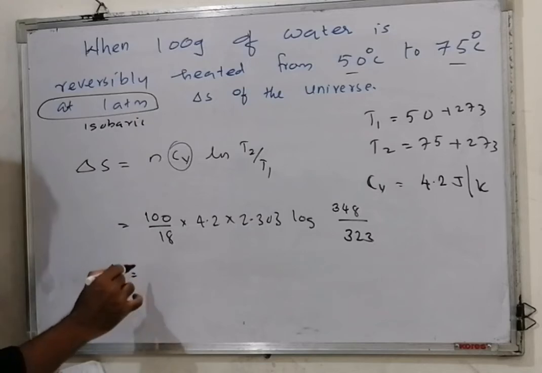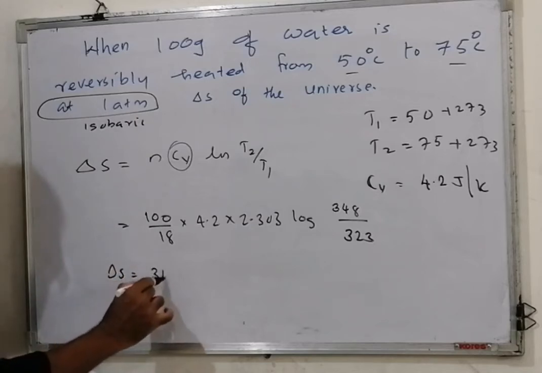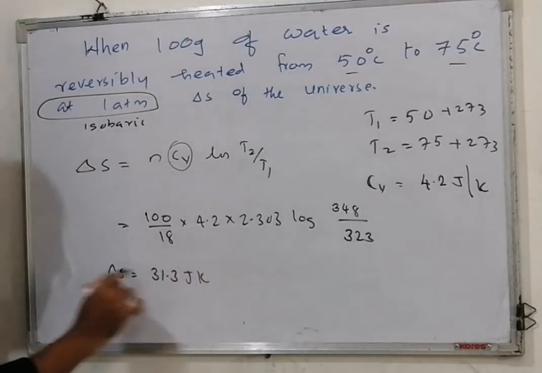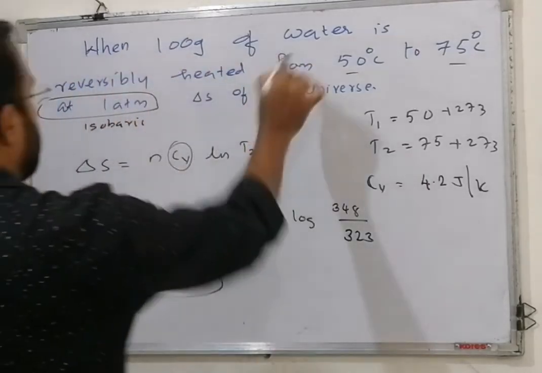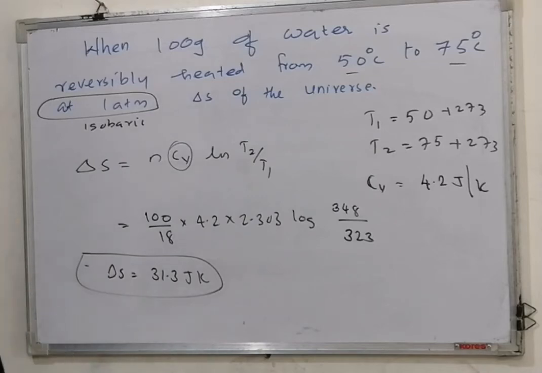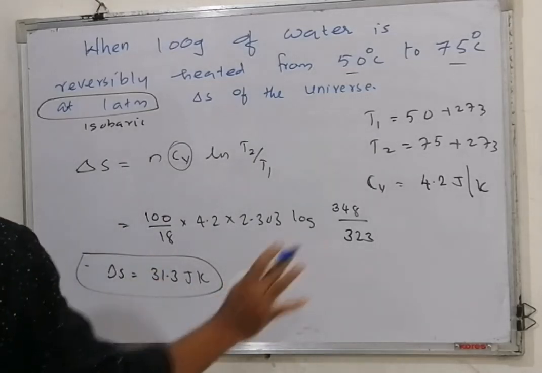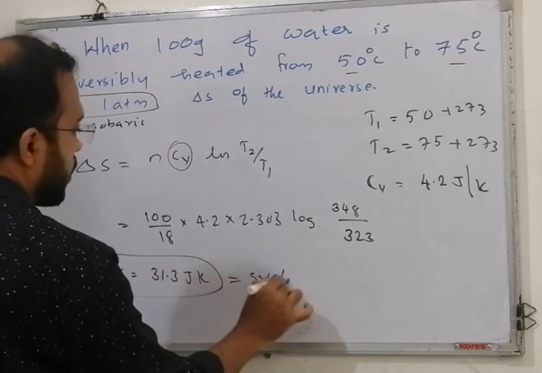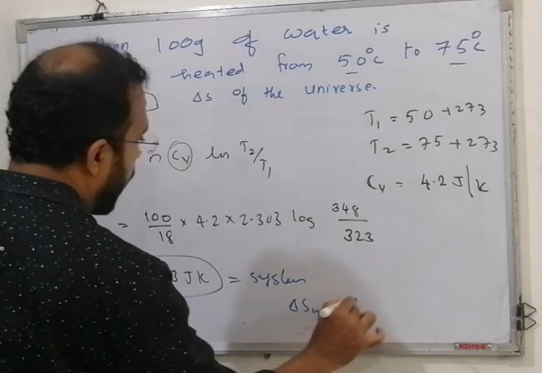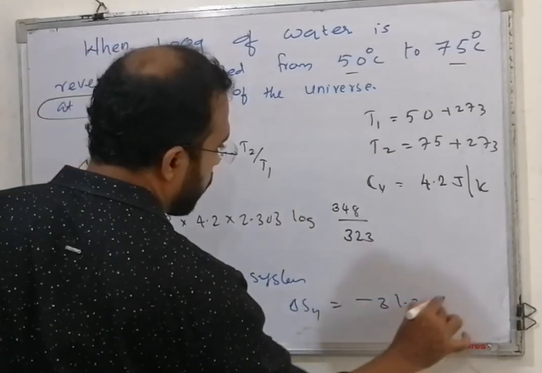Delta S, after the calculation, you will get 31.3 joule per Kelvin. This is the entropy change associated with water. It is a positive value. So it is the entropy of the system. Therefore, that of the surroundings is equal to minus 31.3 joule per Kelvin.